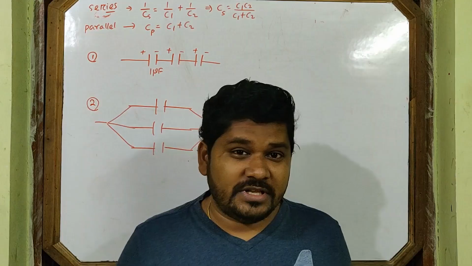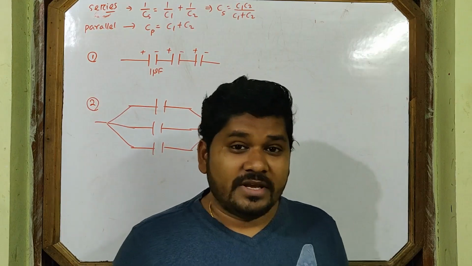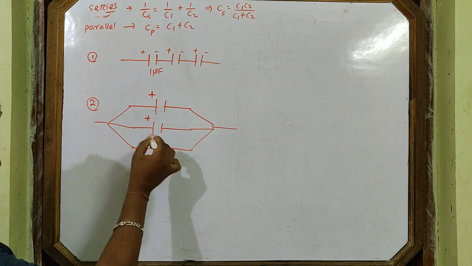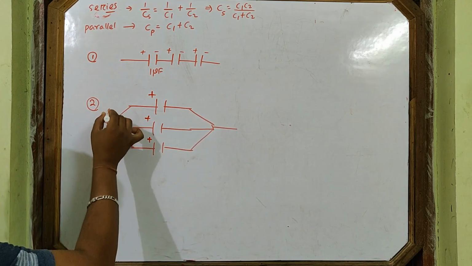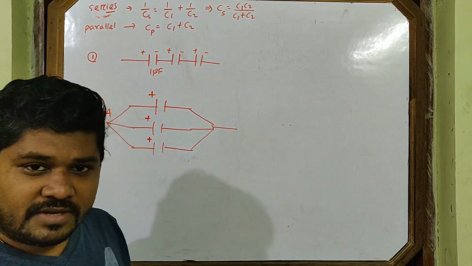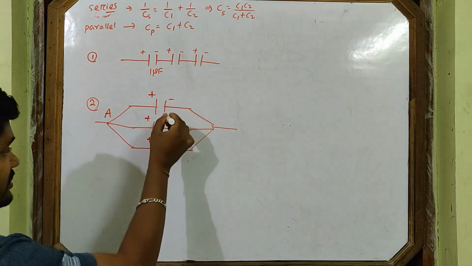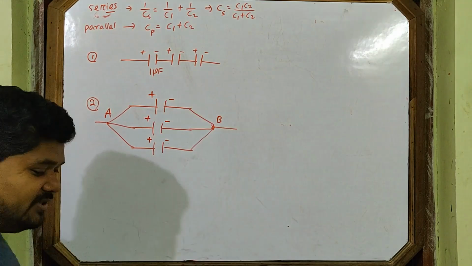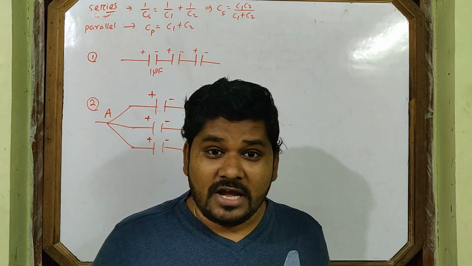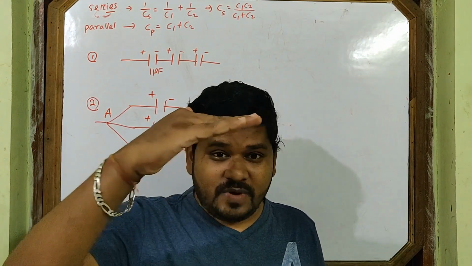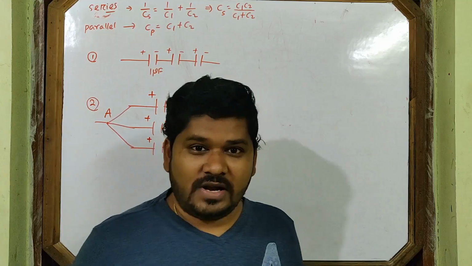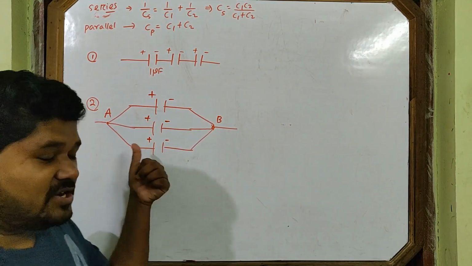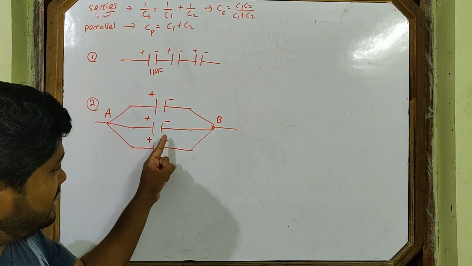Then how will you understand whether they are in parallel or not? If the positive plates of all capacitors are connected to one point, and the negative plates of all capacitors are connected to another point, then this connection is parallel. Don't keep in mind that parallel means one, then one, not like that.